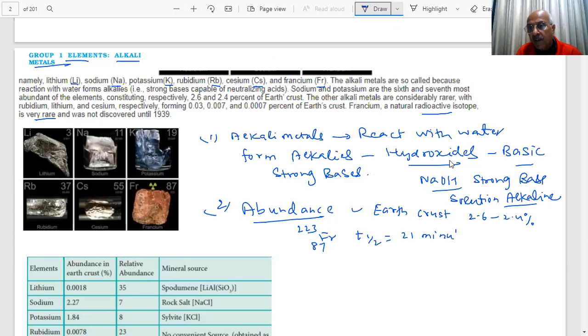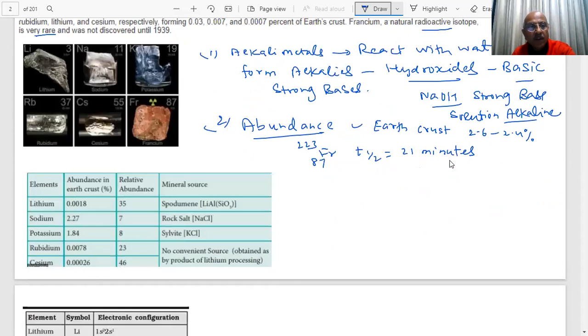What does it mean? In 21 minutes, half of it will disappear. What do you mean by half-life? You are aware of this. So these elements are present in very, very small amounts. Let us see the relative abundance given in this table.